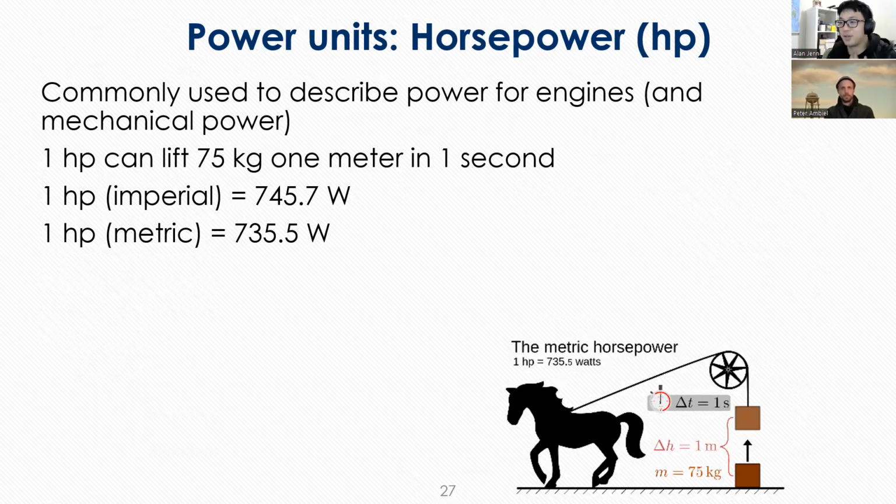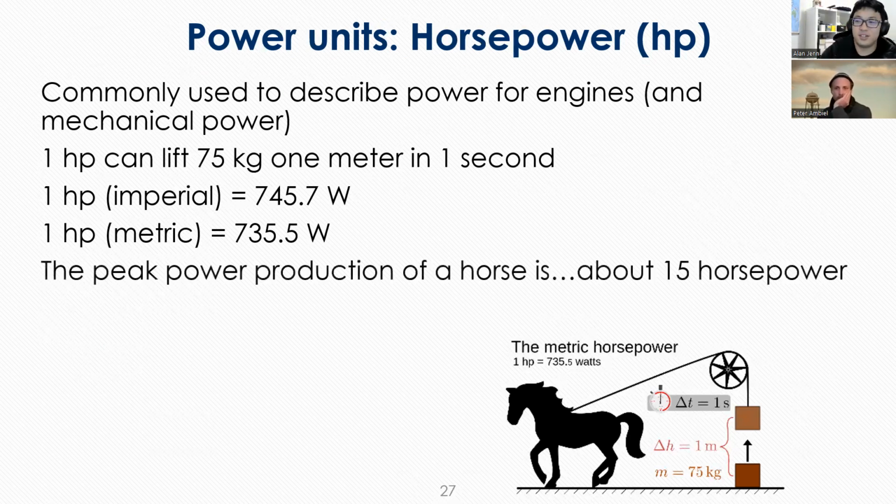And if you think about where this comes from, so think about how much power, how much horsepower a single horse can provide. And it's actually a little bit less intuitive. Actually, the peak power production of a horse is about 15 horsepower.